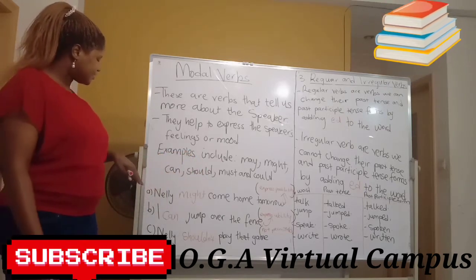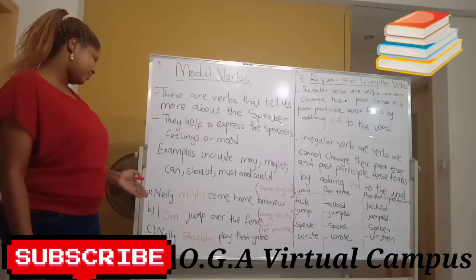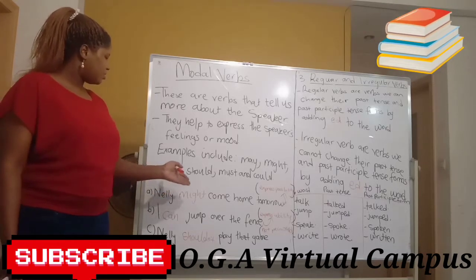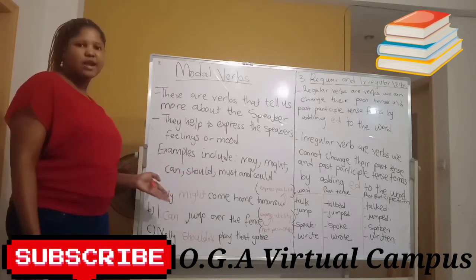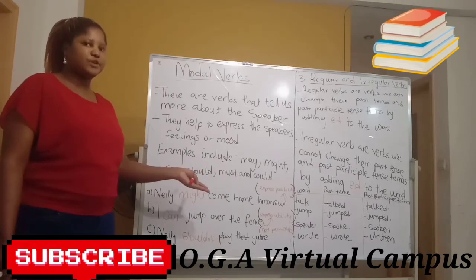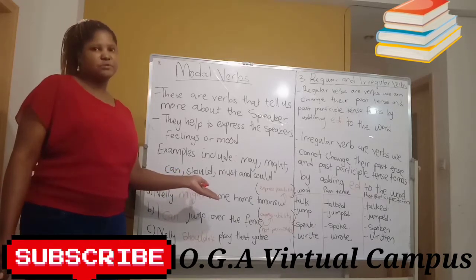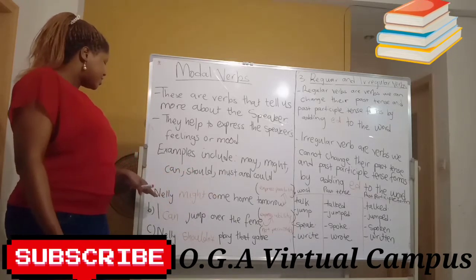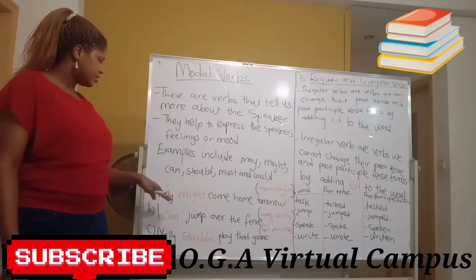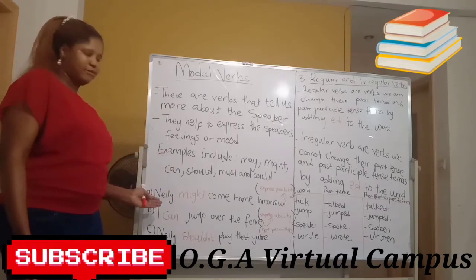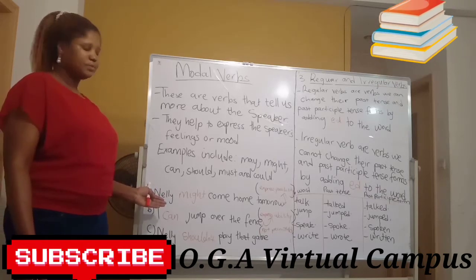Let's move on to the second example that I have here. I can jump over the fence. Okay? So from this sentence, we can see that the modal verb that we have is can.